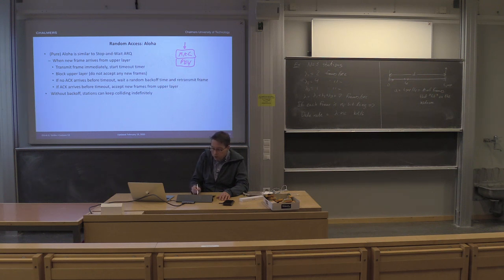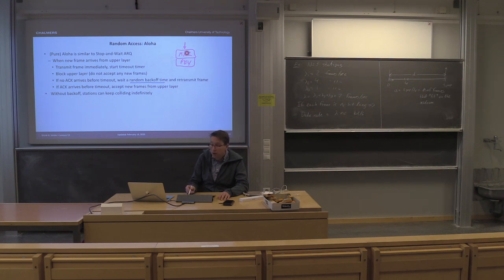So this is the only difference between stop and wait and ALOHA in a sense. We have some of this waiting time before we try again. And this is actually crucial, as we will see in a second. If an acknowledgement arrives before the timeout, then we know that everything is okay, and then we can go into the ready state. That is, we start to accept new frames from the upper layer.